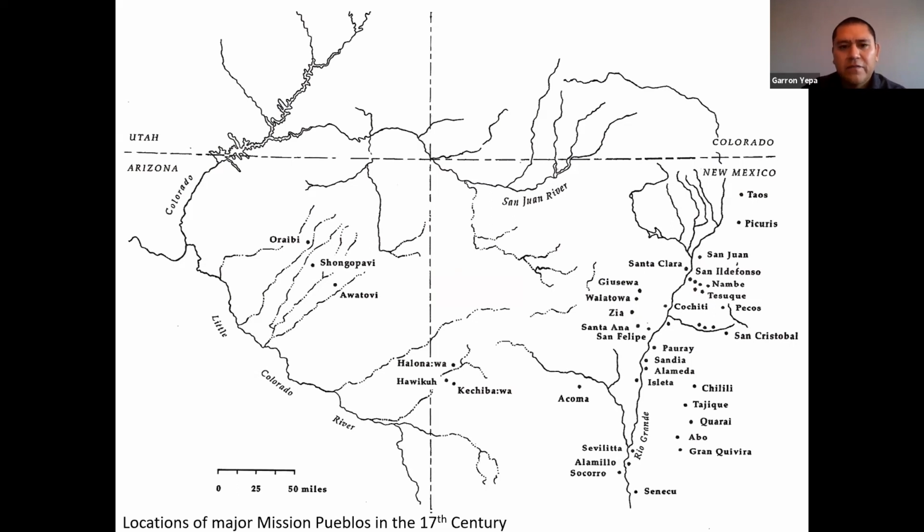It's the height architecturally of the territorial period, where America is starting to bring in its more European approach to design and trying to imprint it on the local forms. 1880, the railroad comes. 1912, we become a state. New Mexico is a state in the United States, for those of you who didn't know.